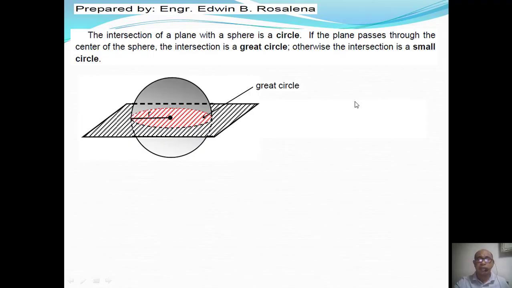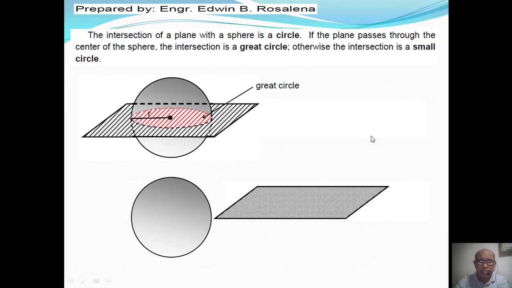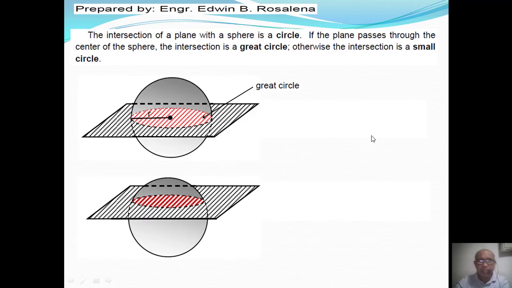But what if the cutting plane does not pass through the center, like this? The circle here is smaller than the great circle, and we call it a small circle. The radius of the small circle is smaller than the radius of the sphere.